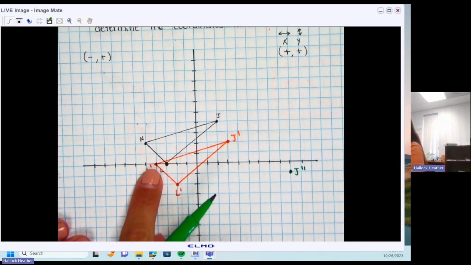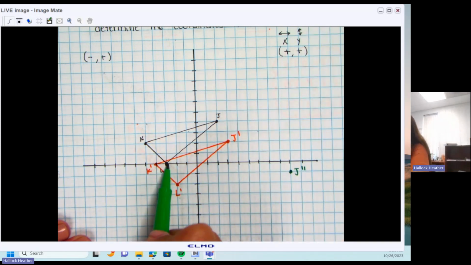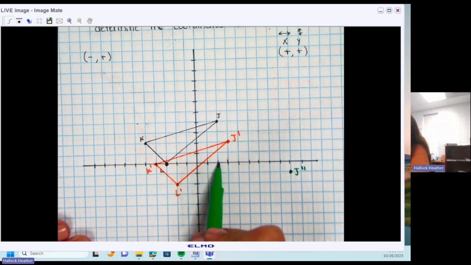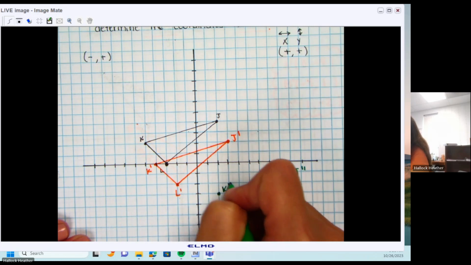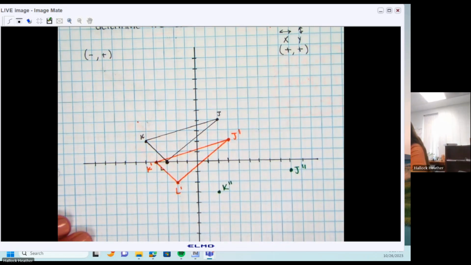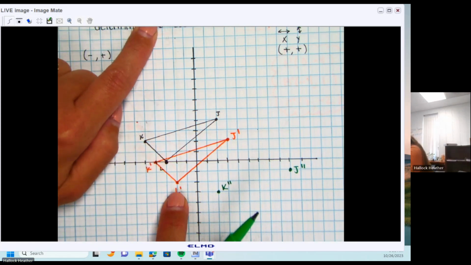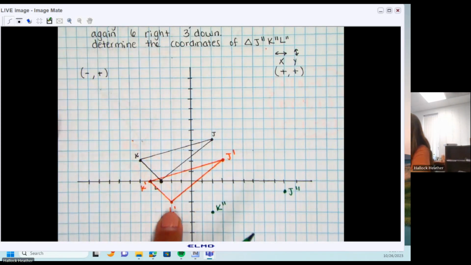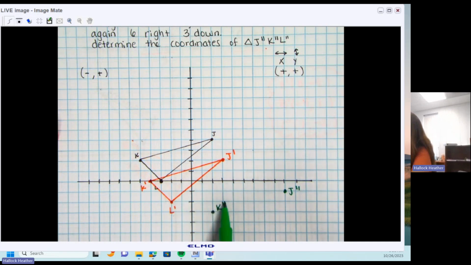If I go to K prime, we do the same thing. K prime is now being shifted 6 right and 3 down: 1, 2, 3, 4, 5, 6, down 3: 1, 2, 3. Last one I've got to move is L prime. It's moving 6 right, 3 down: 1, 2, 3, 4, 5, 6, 1, 2, 3.